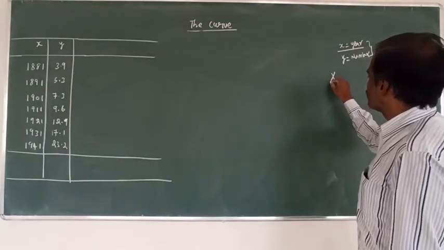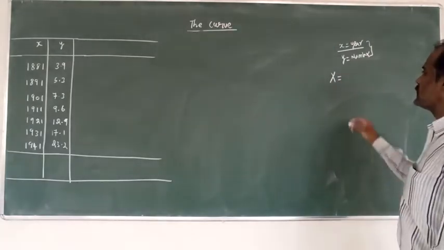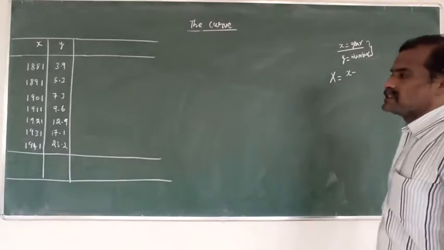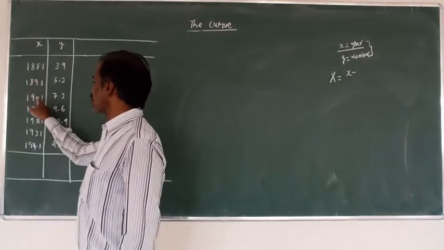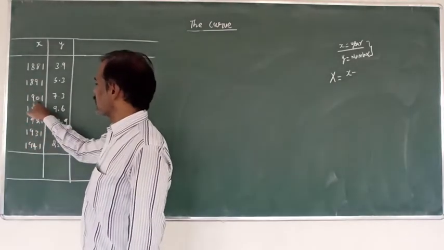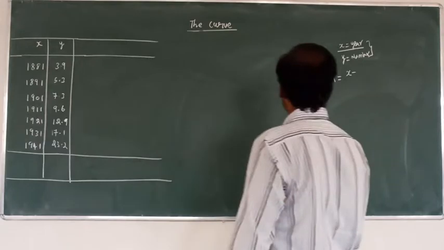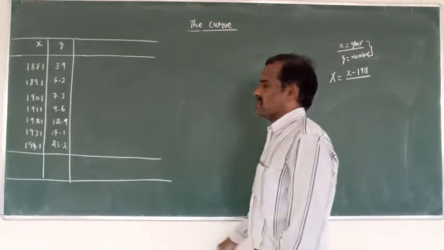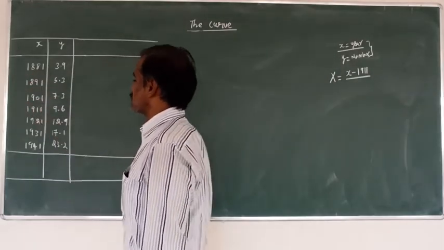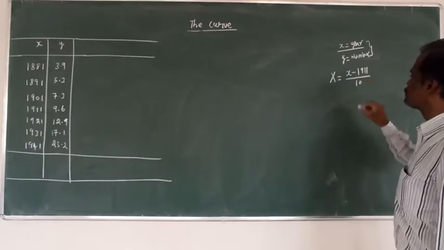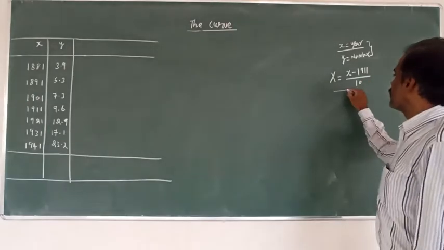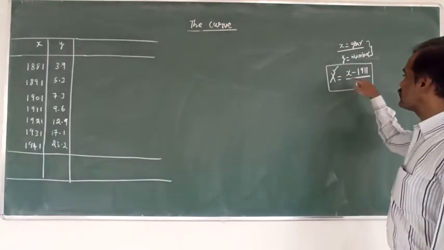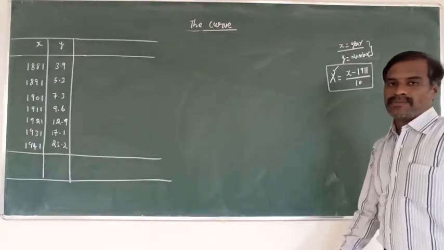For capital X we can consider small x minus the center value of x. 1, 2, 3, 4, 5, 6, 7, the center value is 1911, divided by h. H means the interval between two x values. Interval is 10. This is the format to find capital X. Now the year will be converted into numbers.